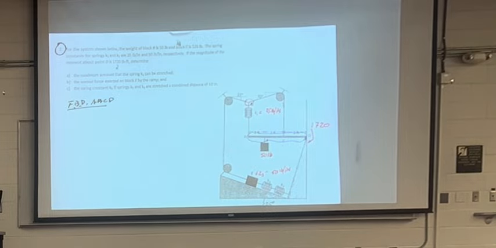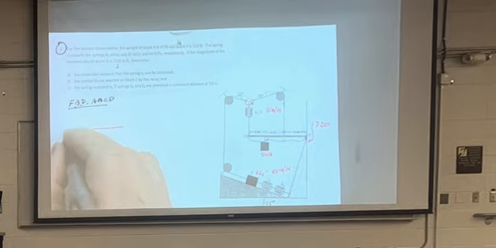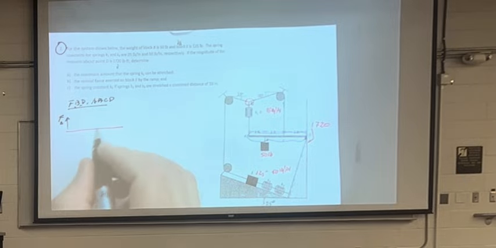Wherever my pen has circled and cut, I have to show a force. So here's the beam. I have to show a force that I'm going to just call FA. It doesn't matter what you call it.